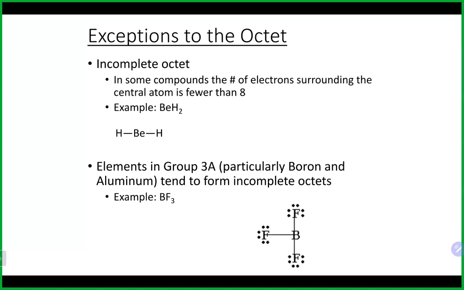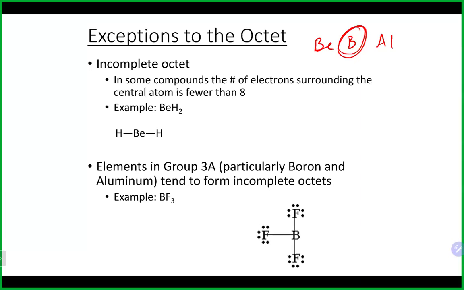The first exception to the octet rule is what is referred to as an incomplete octet. An incomplete octet, much like the name implies, is something that's perfectly fine with less than 8. There are certain things that are okay if they have less than 8 around them. The big 3 are usually beryllium, boron, and aluminum, and most of the time boron is the one you see the most.